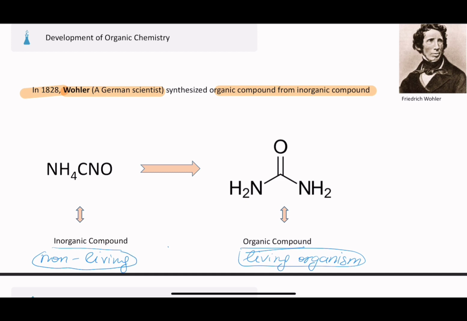But this guy, from a non-living source, synthesized and made an organic compound. It was the first discovery showing that you can get an organic compound from a non-living one, but you just need to run a couple of steps.